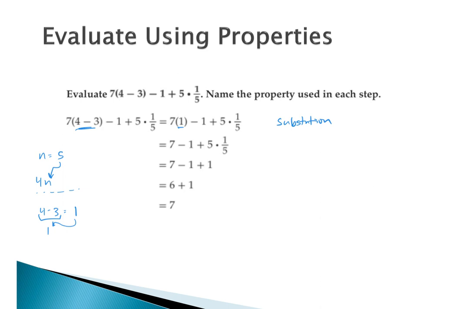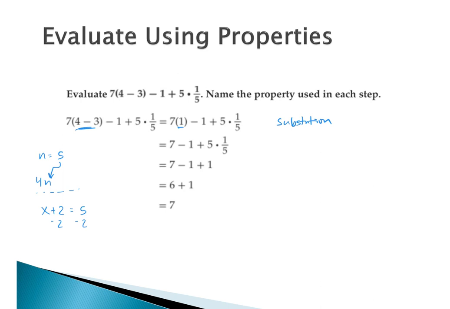Addition, subtraction, multiplication, and division properties are used when you're going across the equal sign, because you're doing it to both sides. Here, I'll show you. Let's say we have x plus 2 is equal to 5. I'm making this up. If I wanted to get x all by itself, I would have to subtract 2 from both sides. Listen to what I just said: I'd have to subtract 2 from both sides.